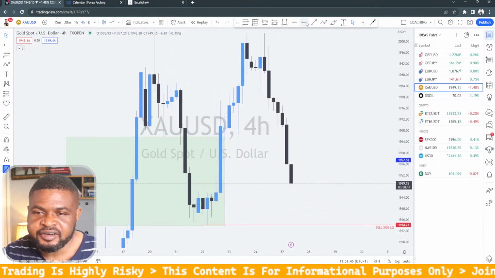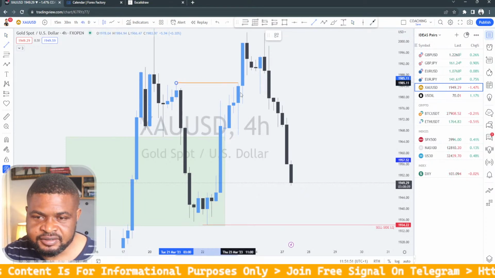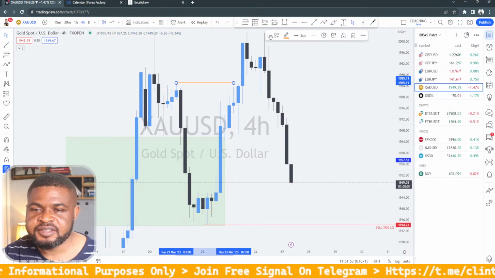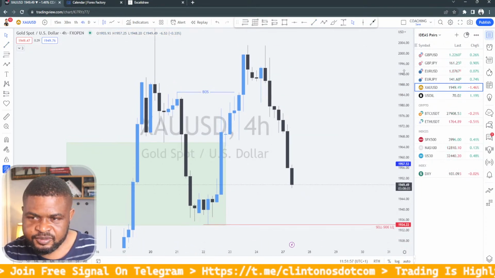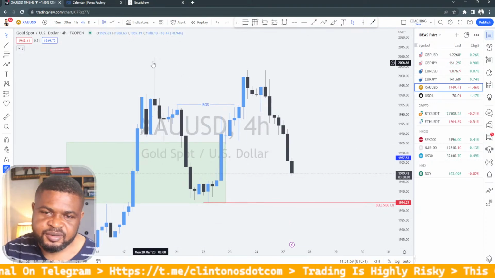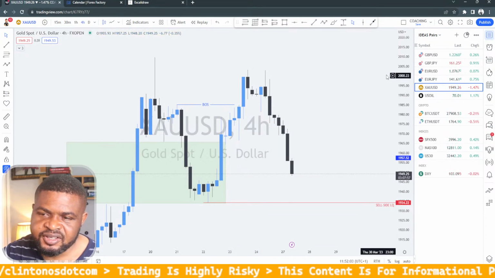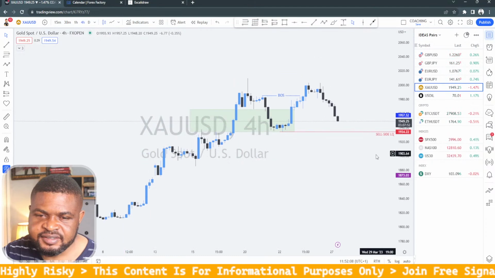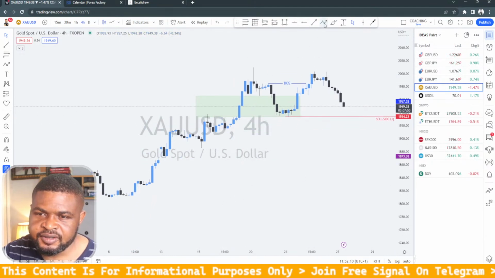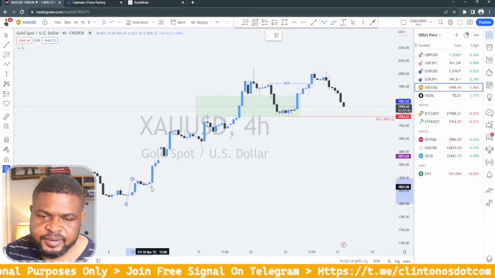Okay, all right, please point out anything that is of interest to you. I think we have a break of structure right there, right? But although we didn't break this, we didn't at least just go above this. So technically, right, what we have is high, right?